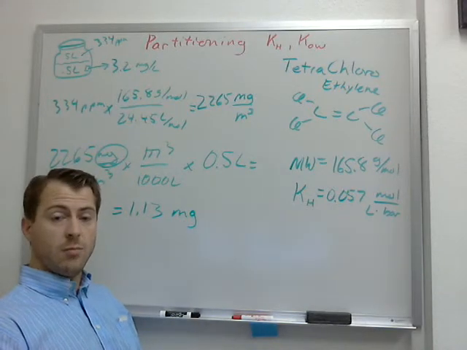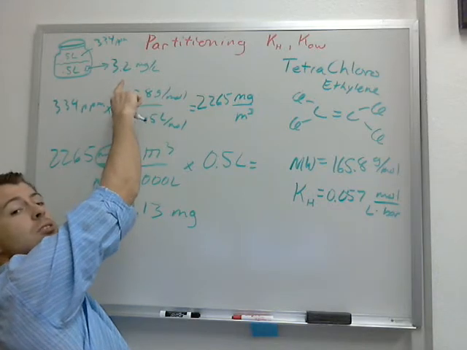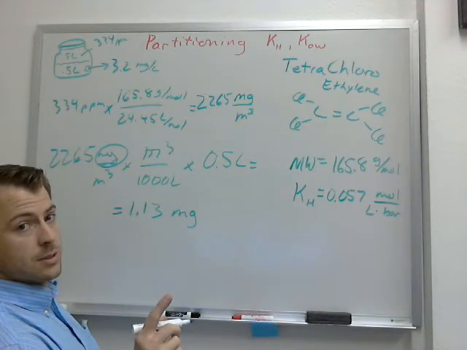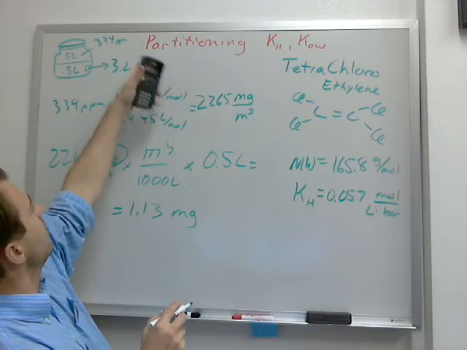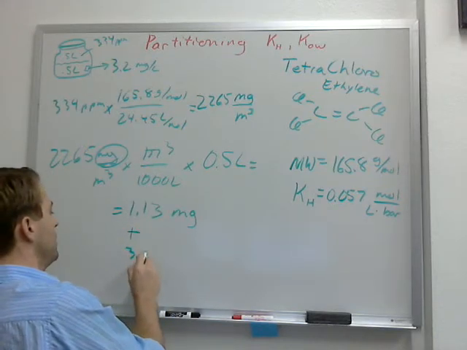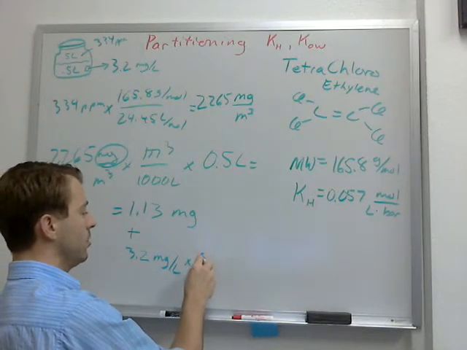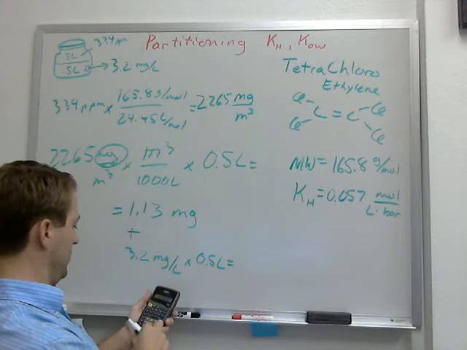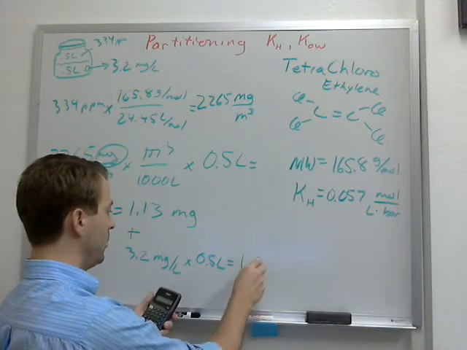1.13 doesn't seem like a lot, but when you consider that the concentration that was found by the lab is 3.2 milligrams per liter, if we add a whole another 1.13 milligrams, then that's, well, right here we have that many per liter, so our total mass here is 3.2 milligrams per liter, and then there was only a half liter of water too, right? 0.5 liters of water. 3.2 times 0.5, so that's 1.6.